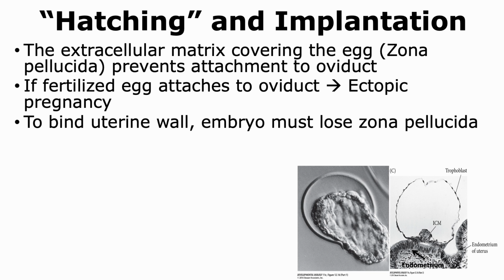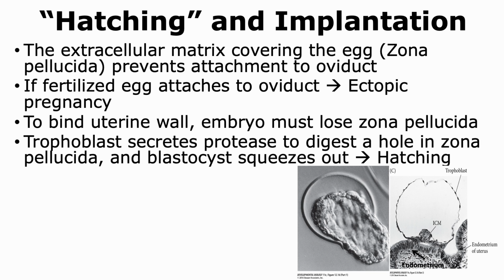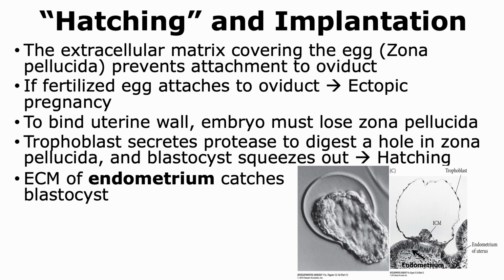However, to bind to the uterine wall, the embryo has to get rid of that zona pellucida. So the trophoblast cells secrete a protease to digest the zona pellucida, and the blastocyst then squeezes out, and this is called hatching. And that is what we are able to see in the figure that is in the blue box, where we can see the zona pellucida and the blastocyst coming out of that zona pellucida.